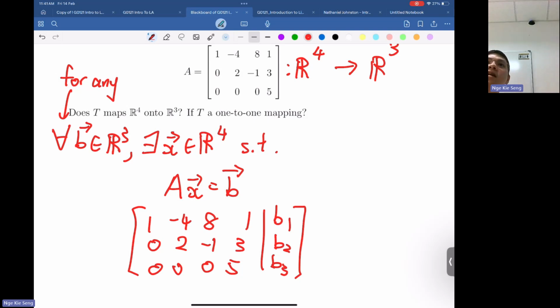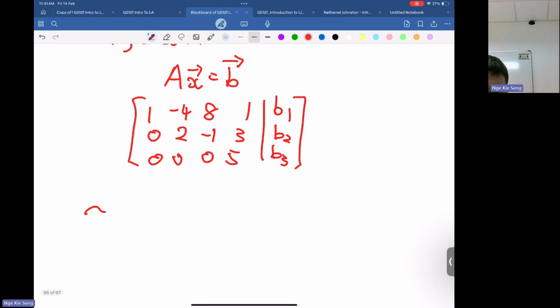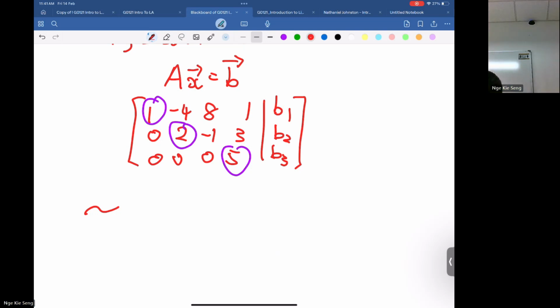It is already in echelon form, so we just need to make it reduced row echelon. We need to do the backward phase. We already found the pivots, so we just need to make 0 above these pivot positions. Maybe we can compute together. You do your computation, I can compute also, then we can check.